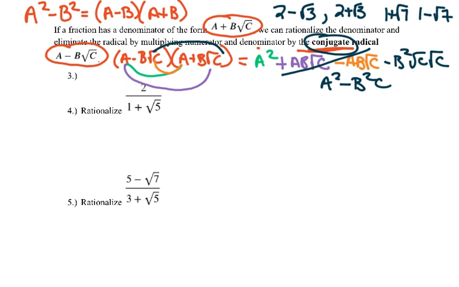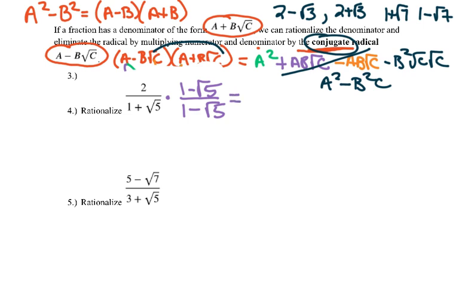So let's try number 4 here. We want to rationalize 2 over 1 plus radical 5. So first, let's see, what's the conjugate for the denominator going to be? That will be 1 minus radical 5. And we always want to multiply by a form of 1. So this together is just 1. Now we want to multiply across by both our numerator and our denominator.